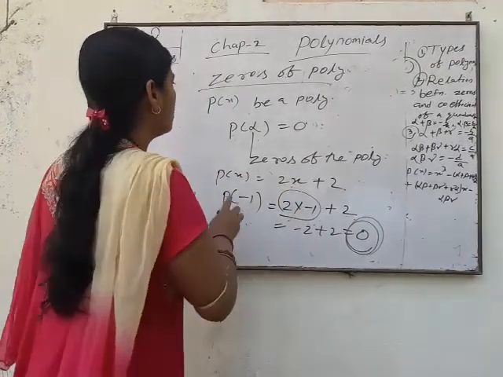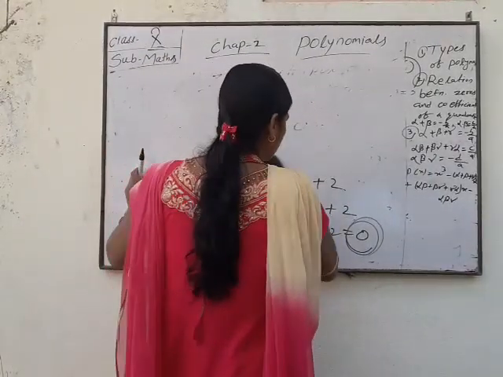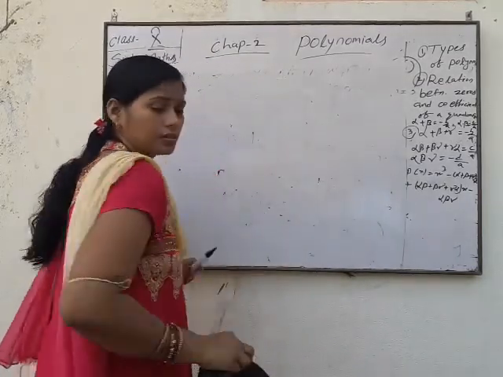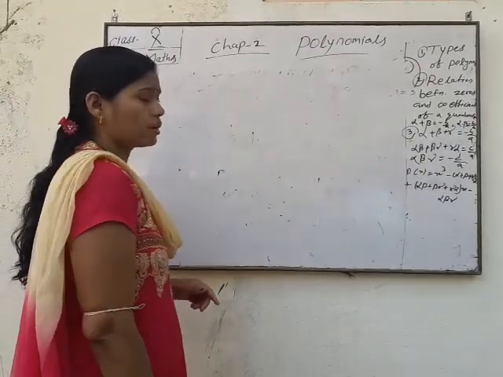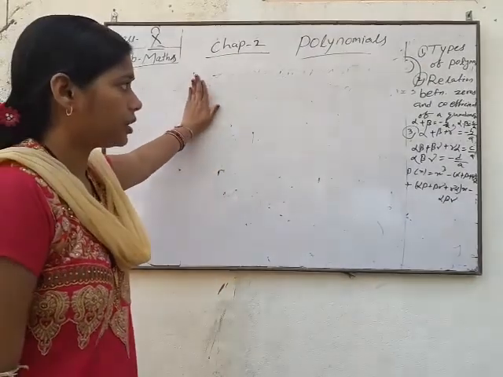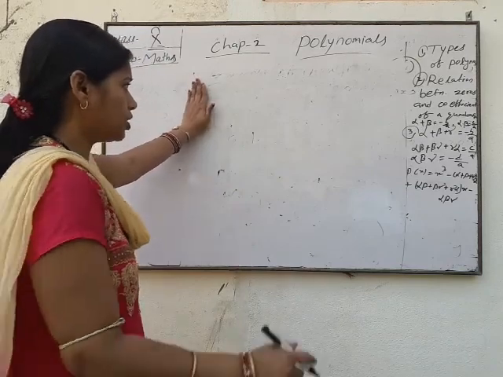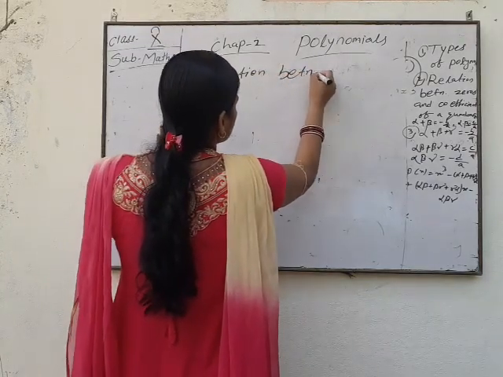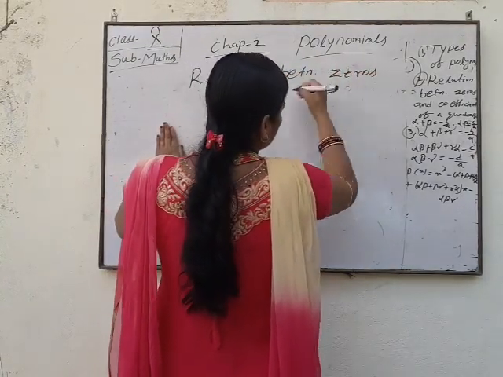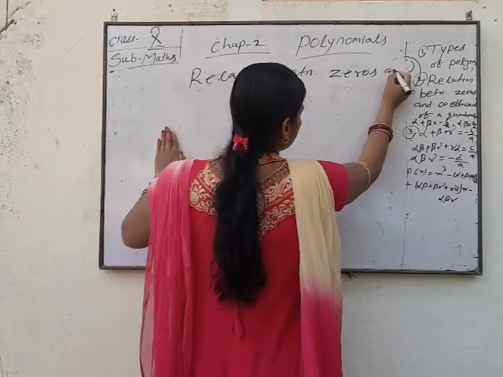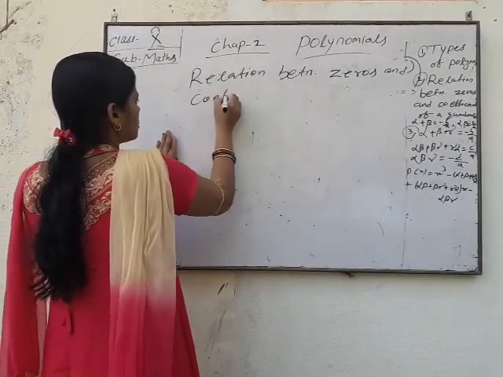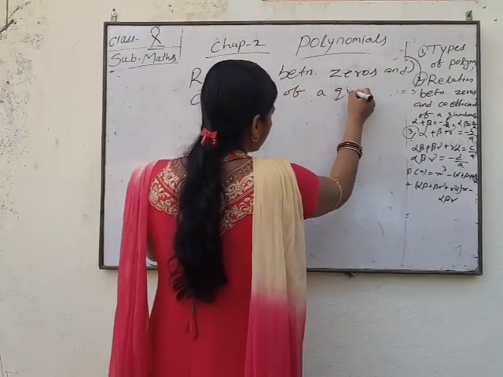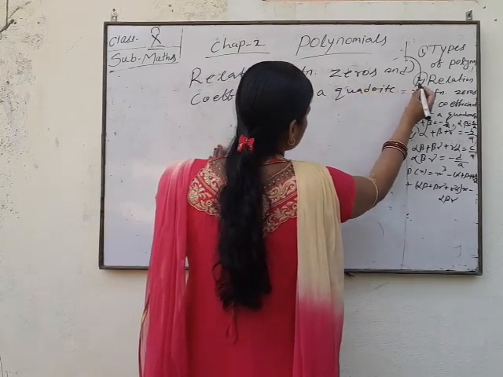Okay. So now we'll discuss the relation between zeros and coefficients of a quadratic polynomial.